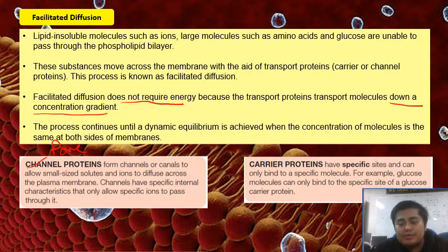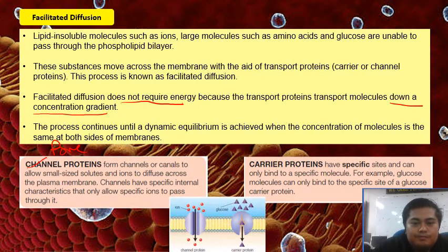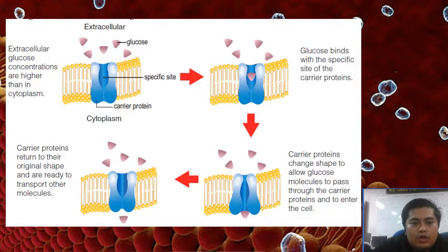So untuk carrier protein ni dia ada tapak yang dah spesifik. So kalau tapak itu hanya berbentuk bulat untuk glukos, contoh tapak bulat tu untuk glukos, so hanya glukos yang berbentuk bulat saja yang boleh pergi kat situ. Kalau bentuk lain dia tak boleh nak masuk. So apa yang akan berlaku kat sini? So ni untuk carrier protein situ. So the extracellular glucose concentration is higher than in the cytoplasm.